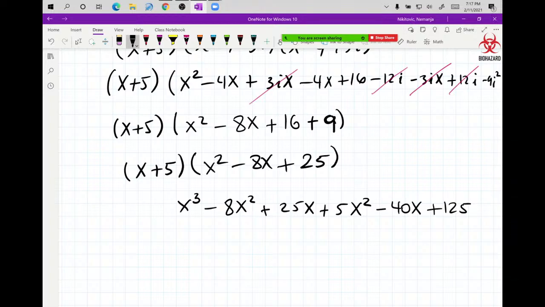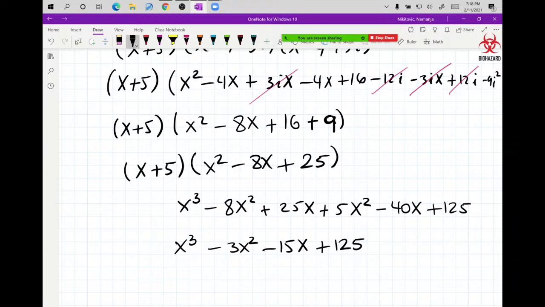So that is going to be x cubed minus 3x squared minus 15x and plus 125. All right. That's how we get the polynomial.